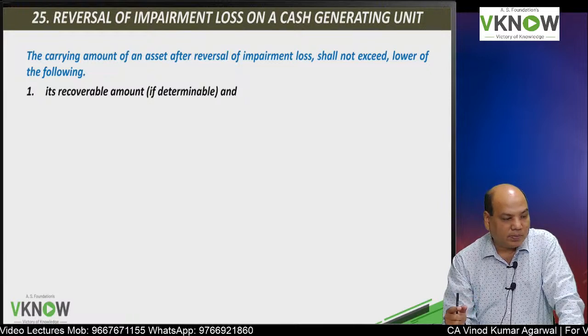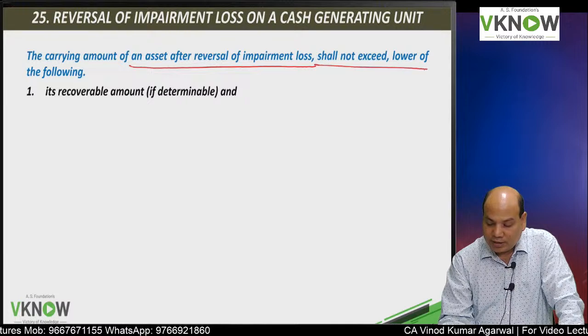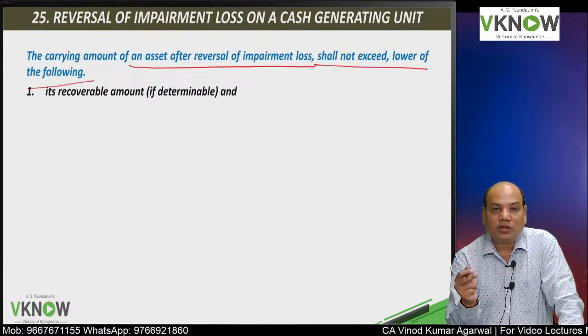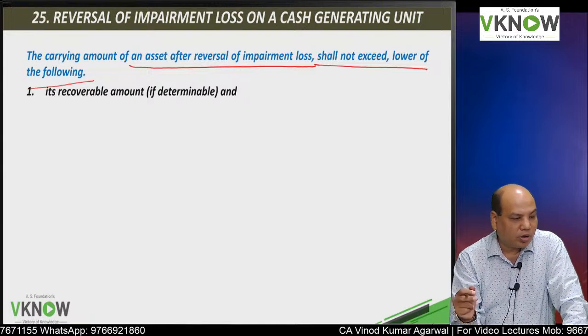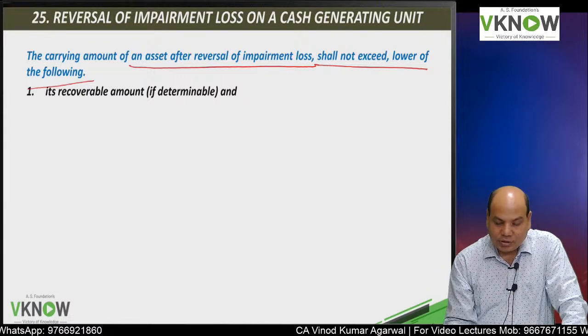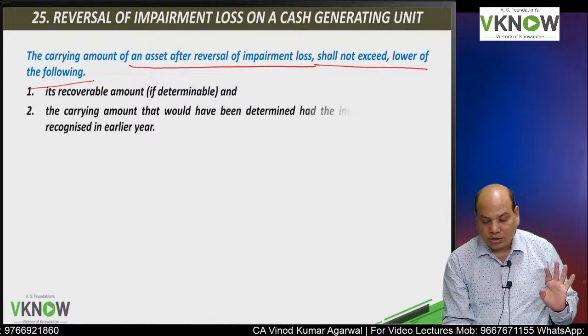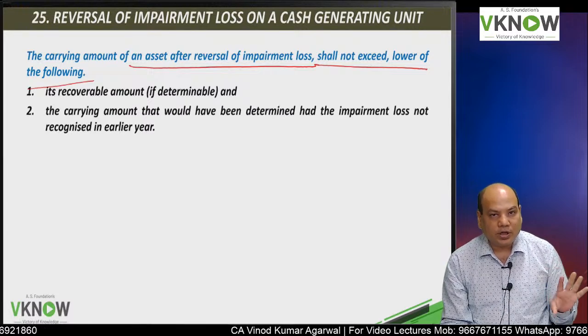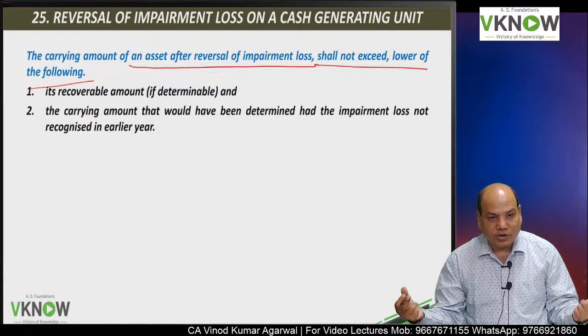When we are reversing the impairment loss, the carrying amount will increase. That means after reversal of impairment loss, the carrying amount should not exceed the lower of the two. Same logic, we have taken a question also. It is the recoverable amount if determinable, because you are going to reverse the impairment loss on the assets of the CGU.